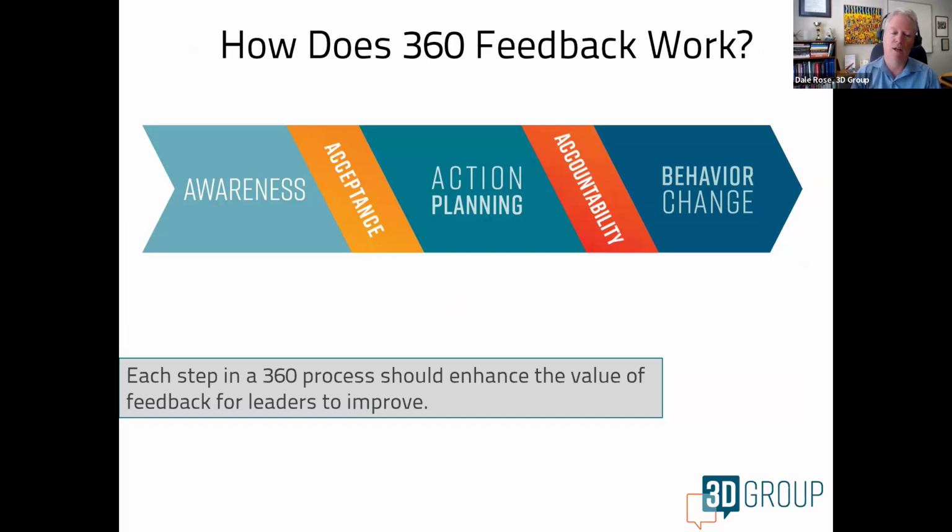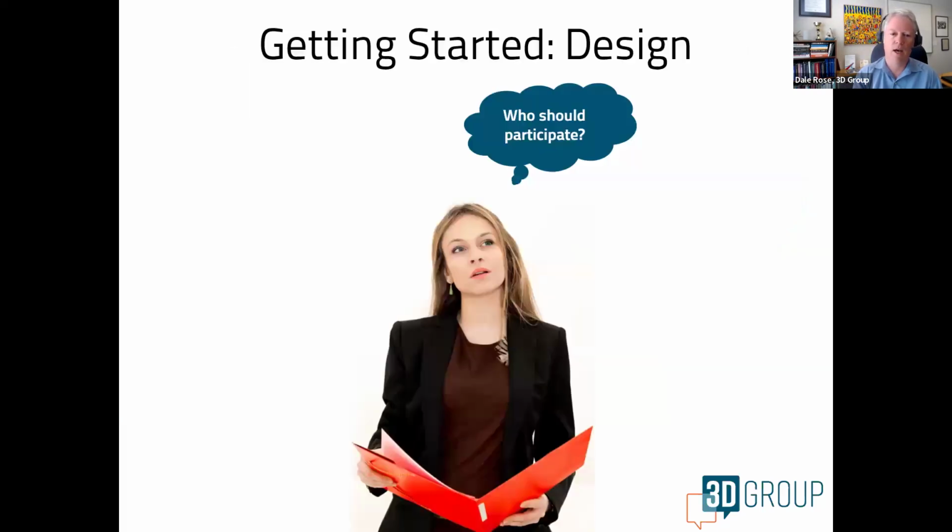So you need to build a process in such a way that you're not just giving people the view, hey, here's the mirror. You're also building in elements of that process that will help them accept that this is something they need and want to change. Give them a mechanism for creating a plan to change, and then hold them accountable for it. These are the key components that any 360 process needs to have in order to get that ROI that we're looking for. So how do you get started?